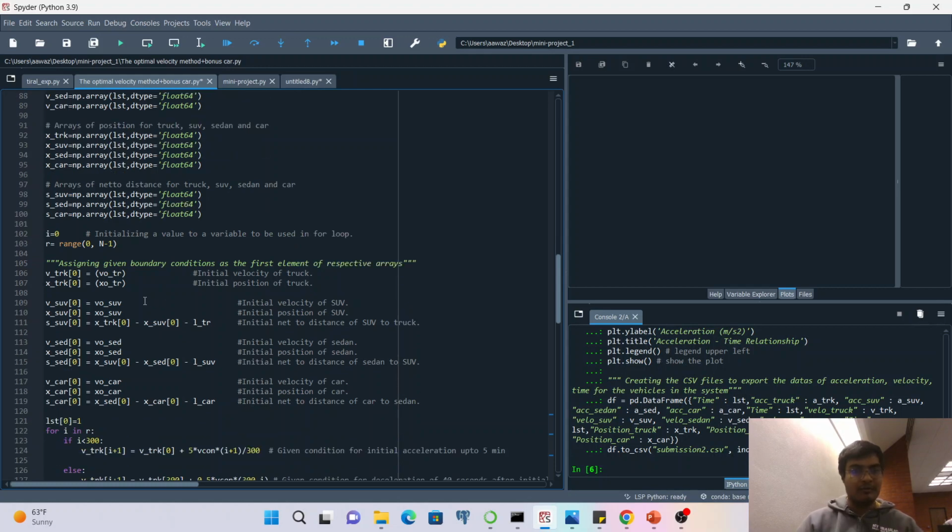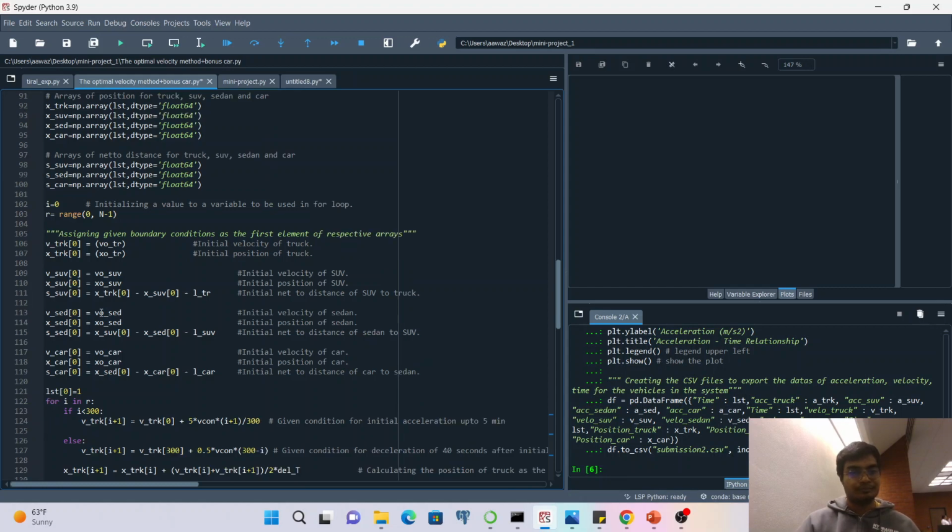Then we assign boundary conditions on the first element of the respective arrays. For the velocity of the truck, its first element will be v0tr, the initial velocity of the truck, and the initial position of the truck can be written as x0tr. The same for SUV, initial velocity, initial position and netto distance.